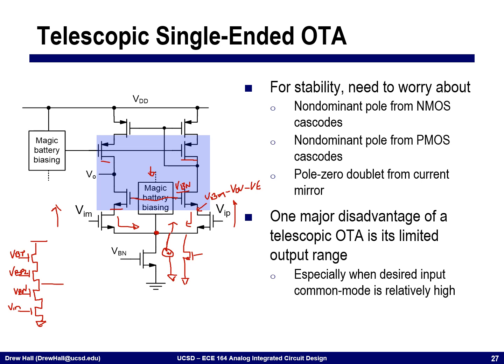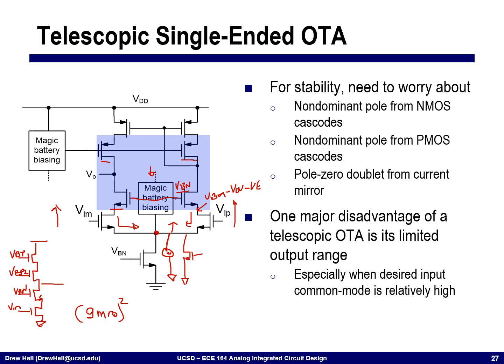And so, I'll end up with quite a bit more gain out of this in the sense that the gain is now going to be proportional to GM times R naught squared, okay, by virtue of higher output impedance, okay.